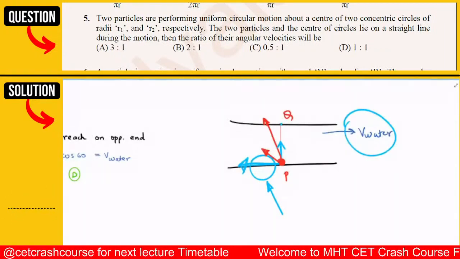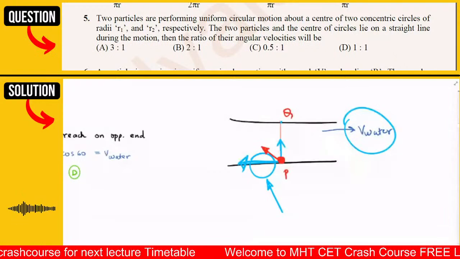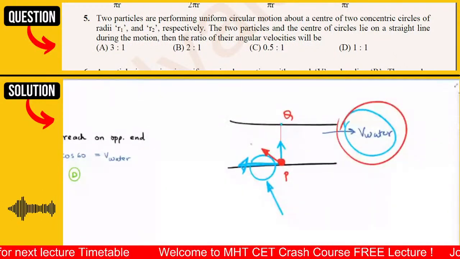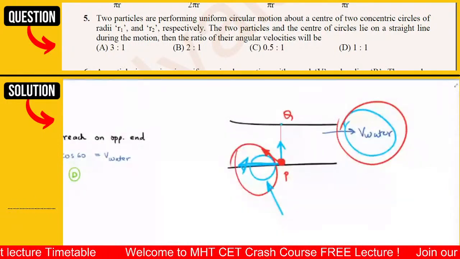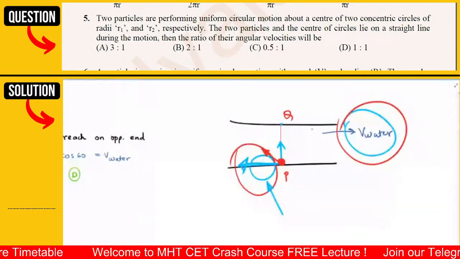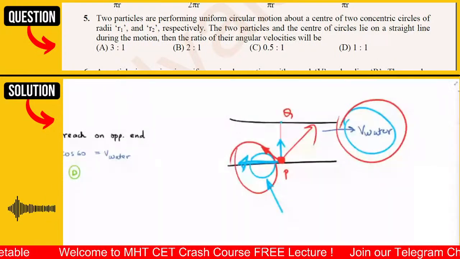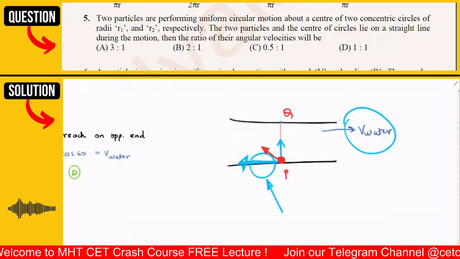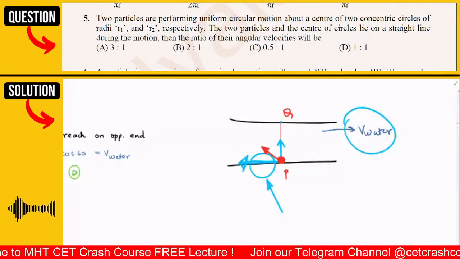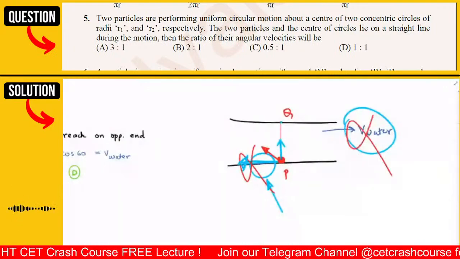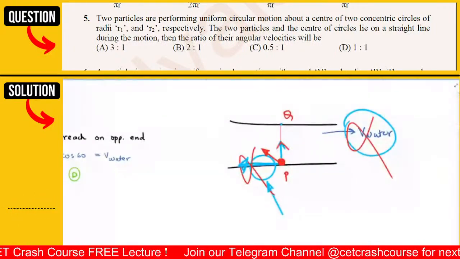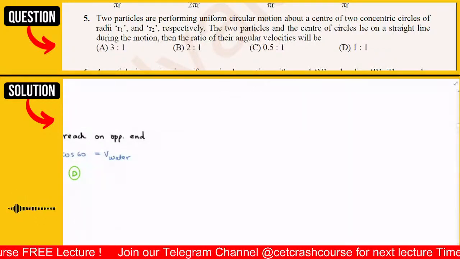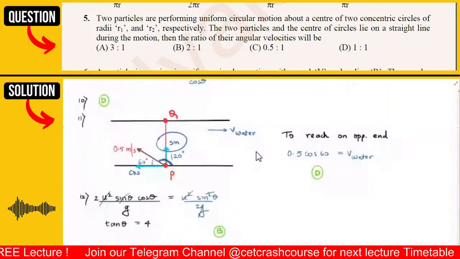If velocity of water is more as compared to this horizontal value, then the person will drift towards right. But now think, beta, if both the values are exactly equal, then this and this will cancel out each other and the person will just move along PQ. And that is our aim. So this is exactly what I have written here very neatly.